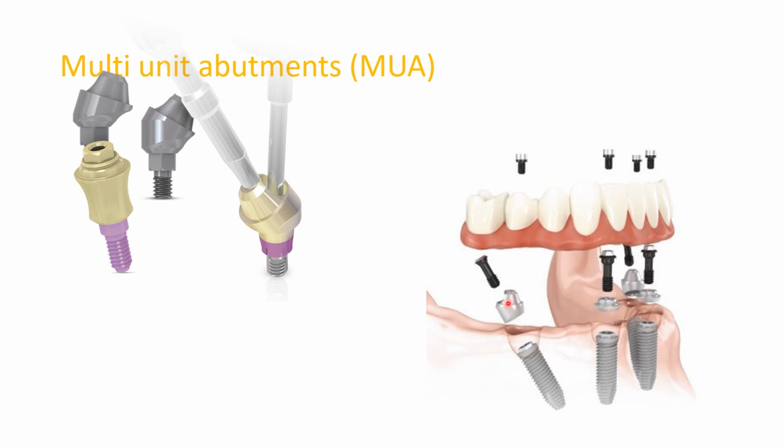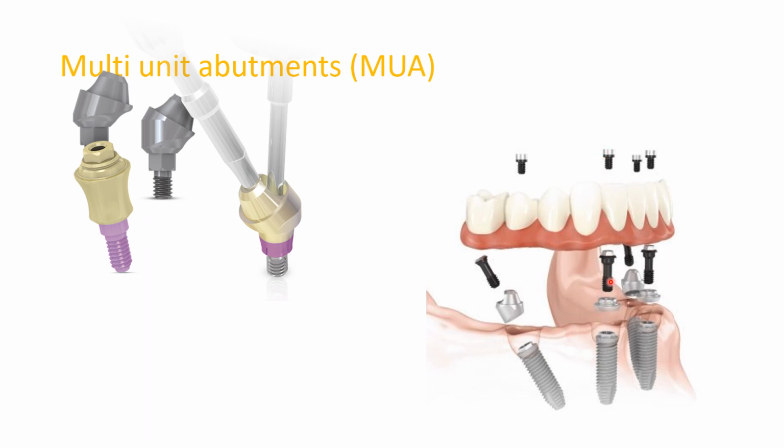This is an angled multi-unit abutment, this is a straight multi-unit abutment, and they have separate abutment screws that anchor them to the implant in the bone, and we have the second portion, the prosthetic screws, which anchor the hybrid prosthesis, or the bridge, or the implant overdenture onto the multi-unit abutment.